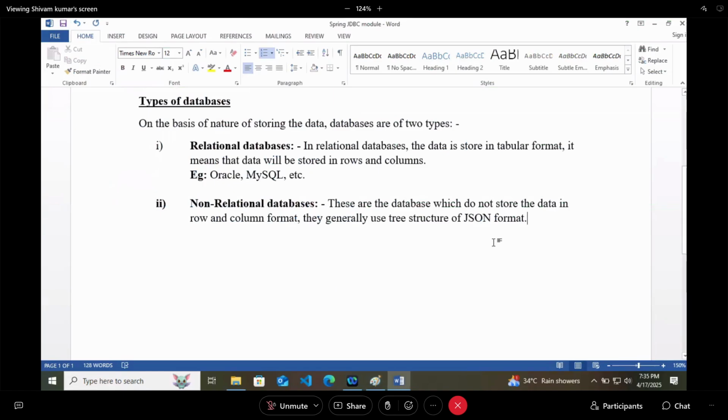Example for this, MongoDB, right? MongoDB is generally used with Python. For Java, these two are used. For Python, Mongo, it's not compulsory, but in most cases it will be Oracle and MySQL with Java, MongoDB with Python.